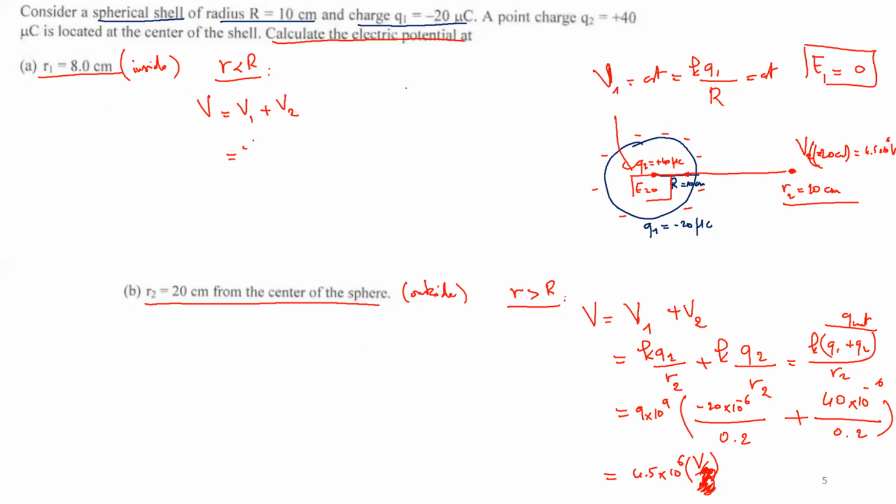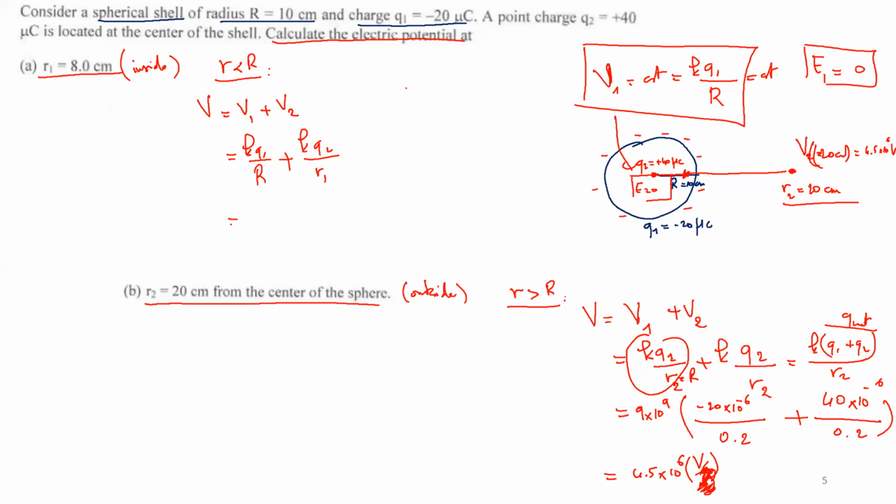So this V1 is just K Q1 divided by the radius of the shell. It's just this V1, but I take R equal to the radius, because I want continuity. And then V2, it's also a point charge, it's just K Q2 divided by the distance between the charge and the point I'm looking at, which is R1.